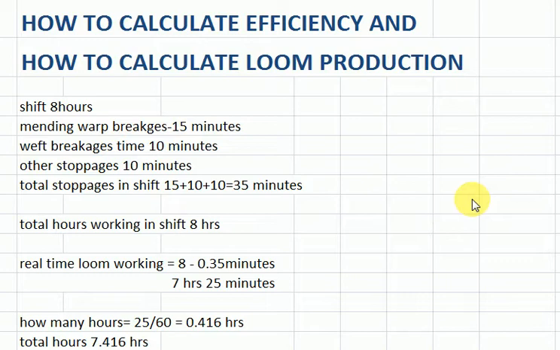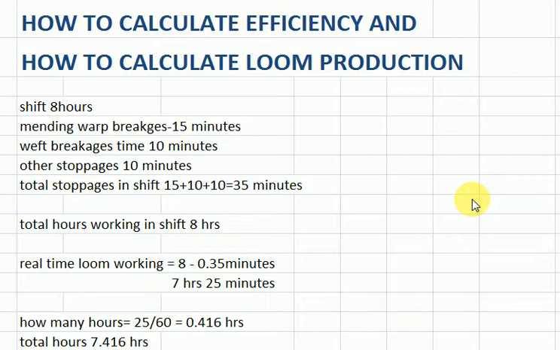So for example, I have taken here a shift of 8 hours, and in 8 hours how many stoppages of warp breakage, weft breakage and other stoppages have to be calculated, how much time the loom is stopped.